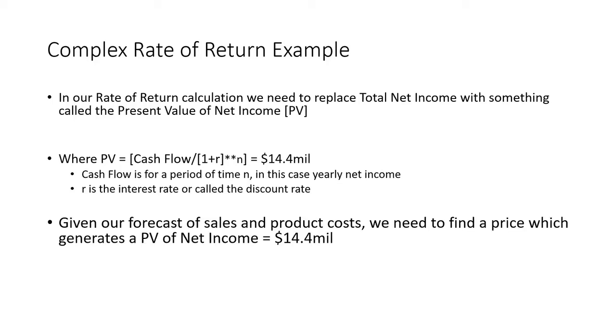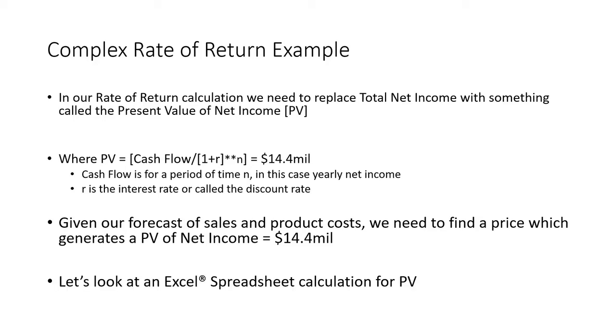So, given our forecast of sales, given our forecast of product costs, we need to find a price that generates that present value of the future net income streams that are equal to $14.4 million. Now, a convenient way to do this is to use an Excel spreadsheet, and we'll go through now and show you how you can set up that calculation on Excel.